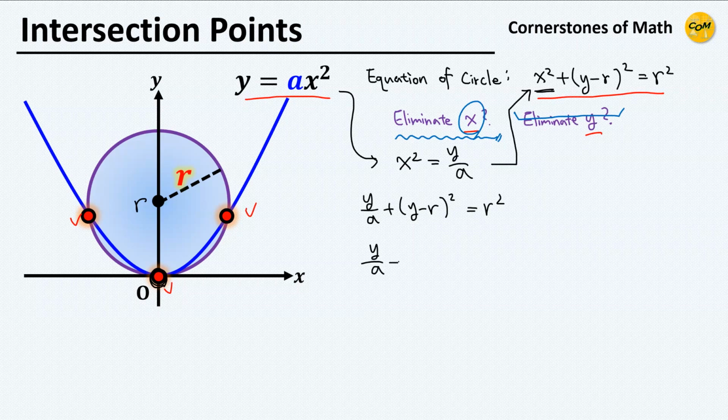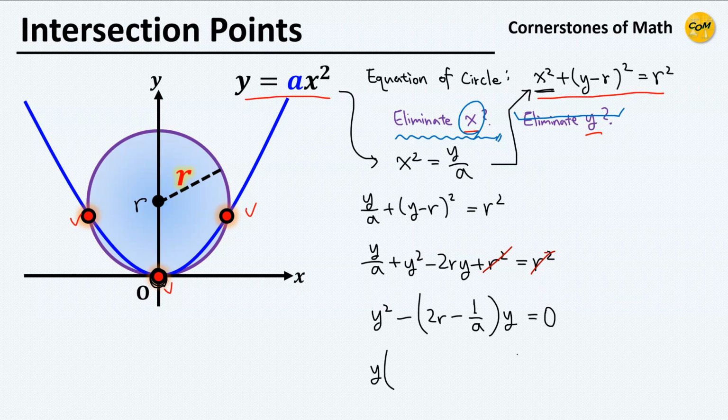So y over a plus y squared minus 2ry plus r squared equals r squared. So we have the y squared term, y squared. And as for the y term, let us write (1 over a minus 2r) times y. And this equals 0. So we have y as a common factor.